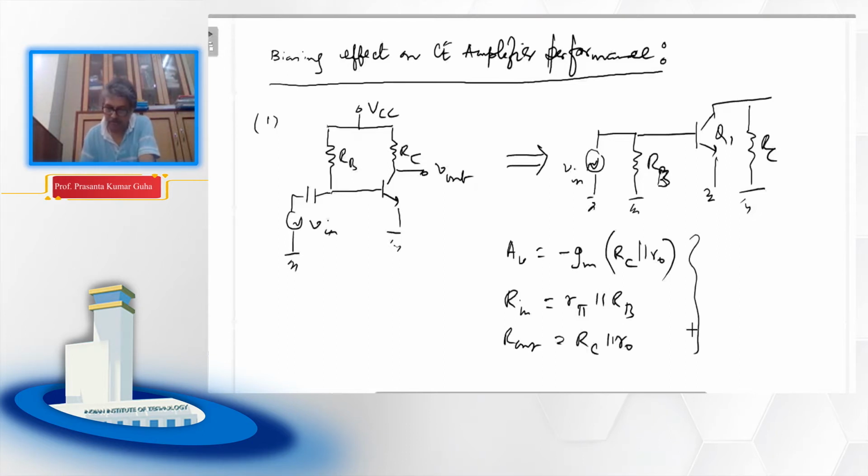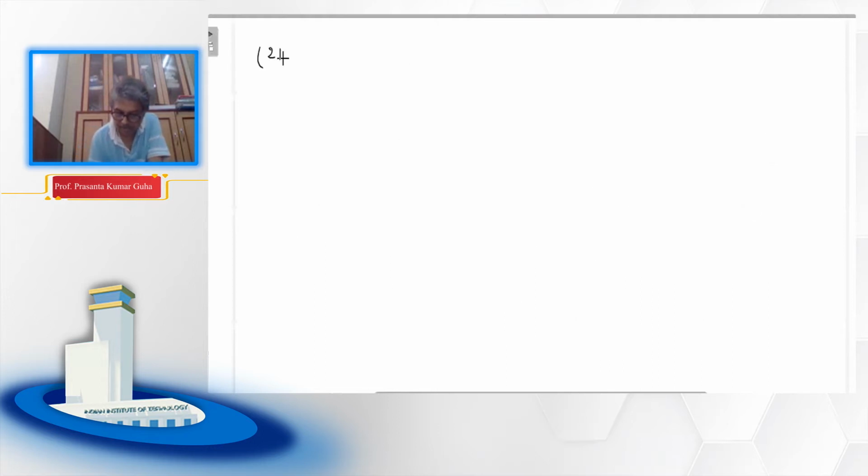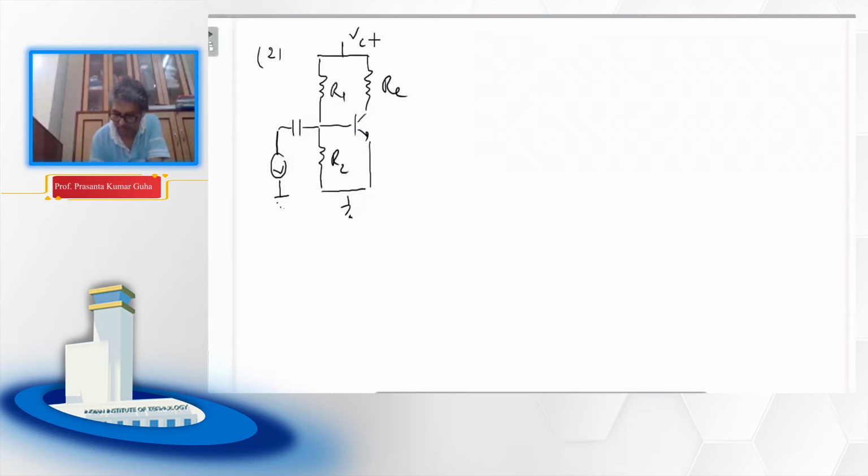Then we also started our discussion about the second biasing circuit, which is much more popular, voltage divider biasing. In that case also you can intuitively guess that your gain will remain unaffected by R1 and R2, simply because these two will come in parallel when you draw the corresponding AC circuit.